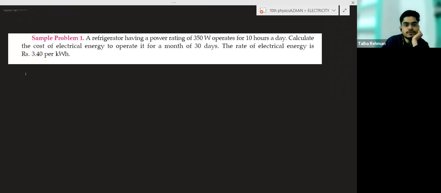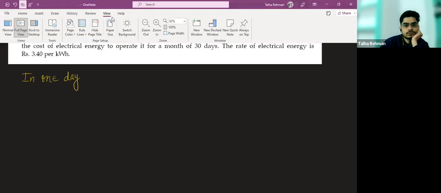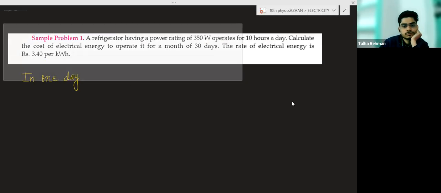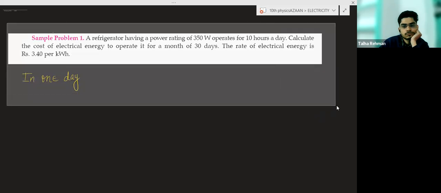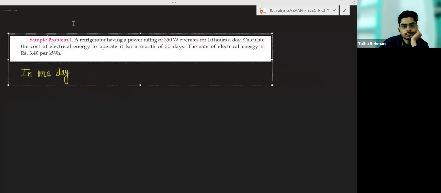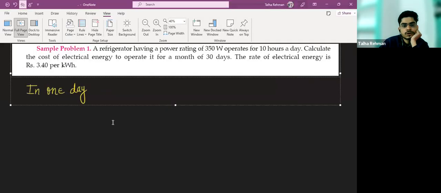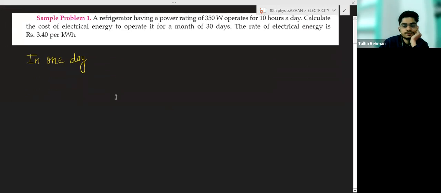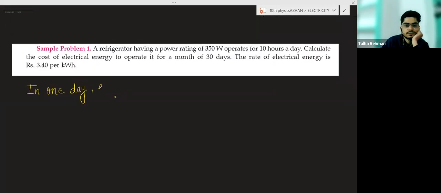So in 1 day, suppose E is the energy consumed in 1 day.